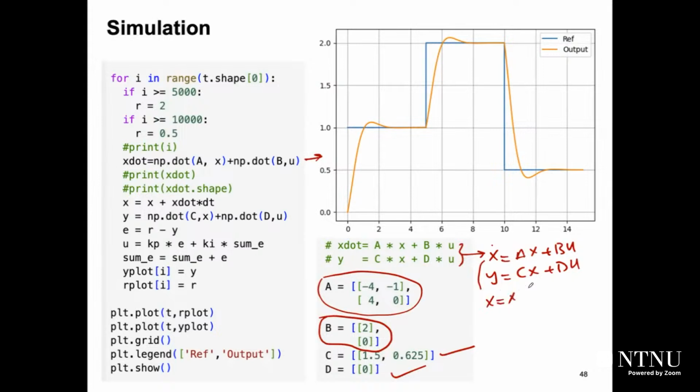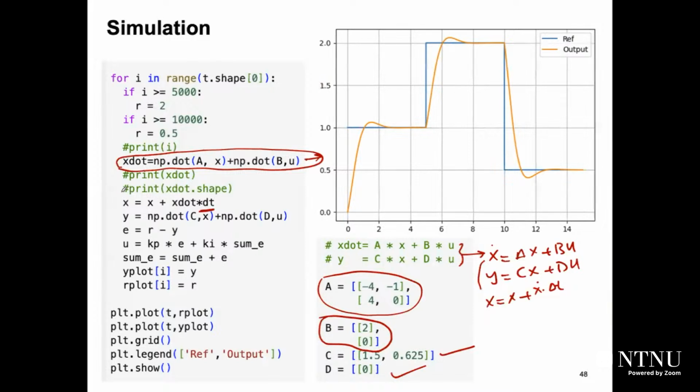So x will be x plus x dot multiplied by delta t, a small time step. This is the time step which we are using for integration. So after getting x dot, you just need to update the value of x.